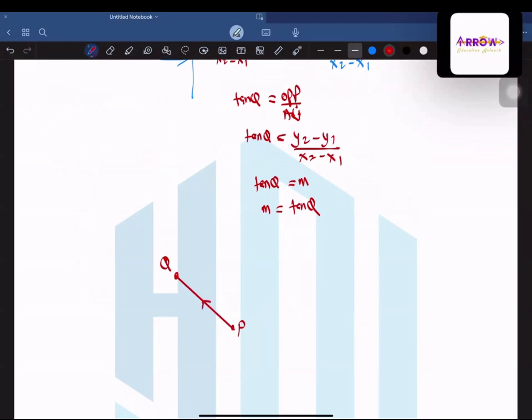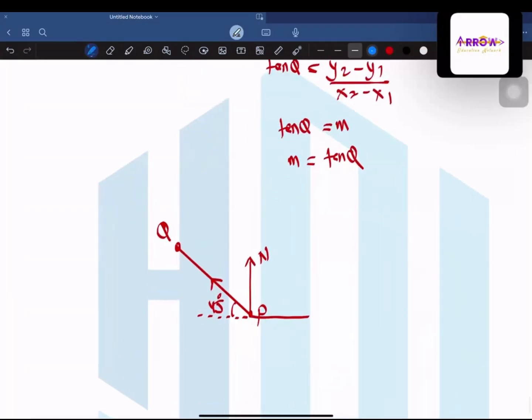Let's say we mark north at point P. This shows you that ship Q is northwest of P, meaning halfway between north and west. So this angle over here is 45 degrees, which essentially means that the angle from the positive horizontal axis is 135 degrees, meaning 180 minus 45 degrees.